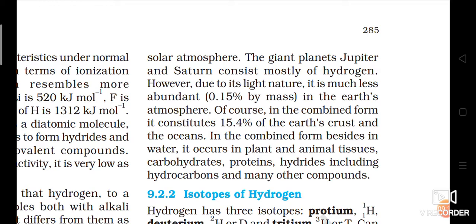Of course, in combined form it constitutes 15.4% of the earth's crust and ocean. Besides water, it occurs in plant and animal tissues, carbohydrates, proteins, hydrates, including hydrocarbons and many other compounds.